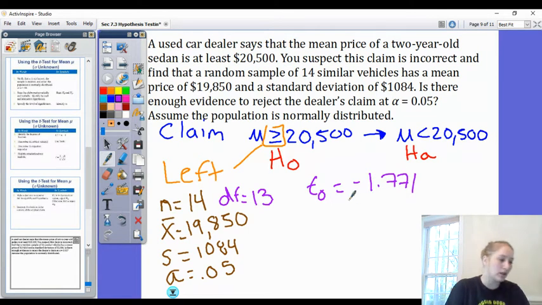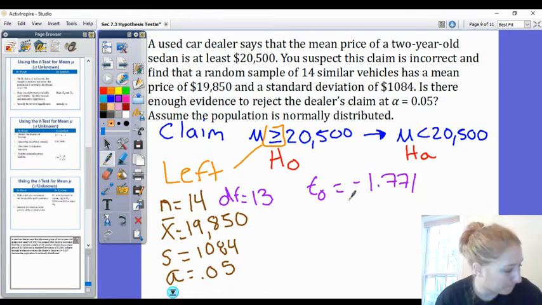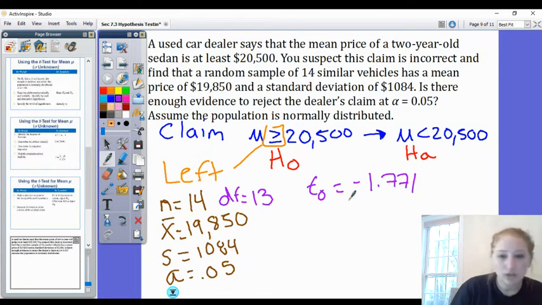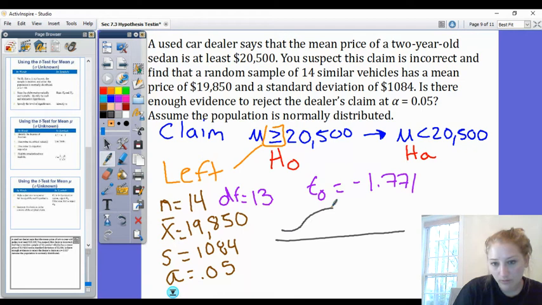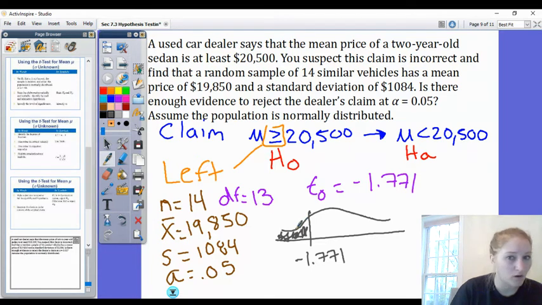Remember, it's negative because it's a left tail test. What this is telling me is if I have my curve like this, anything to the left of negative 1.771 is in the rejection region. Then we would reject our null hypothesis.